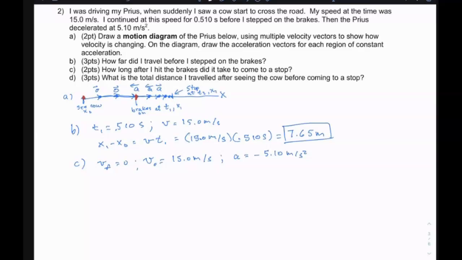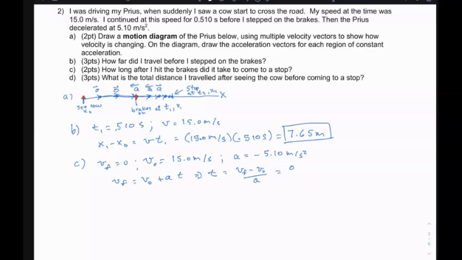So I'll use equation 1 from our set of 4 kinematic equations with constant acceleration, and write that V final is equal to V initial plus the acceleration times the time. So we're after the time. The time is equal to V final minus V initial over the acceleration.